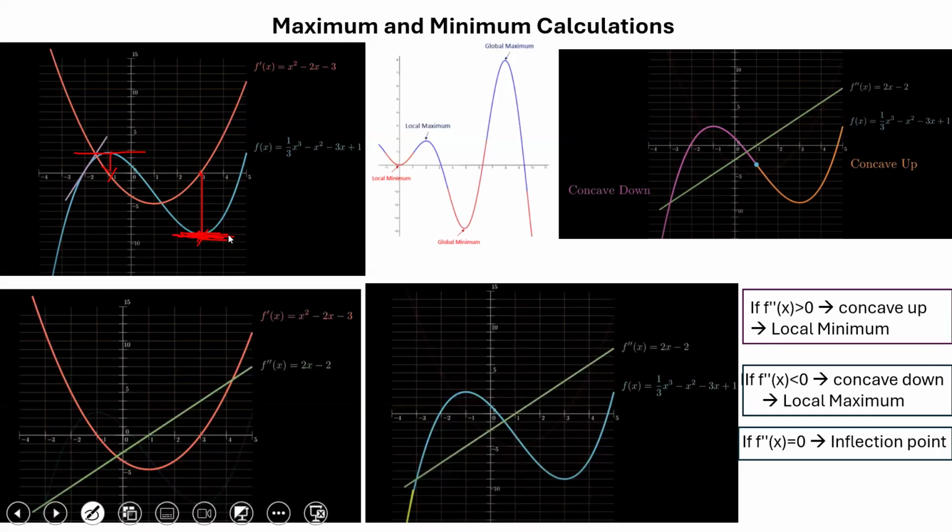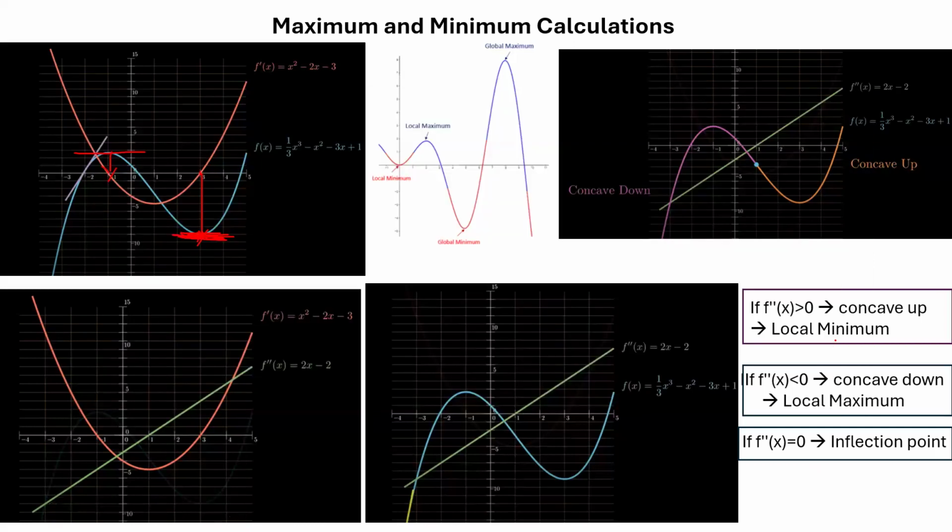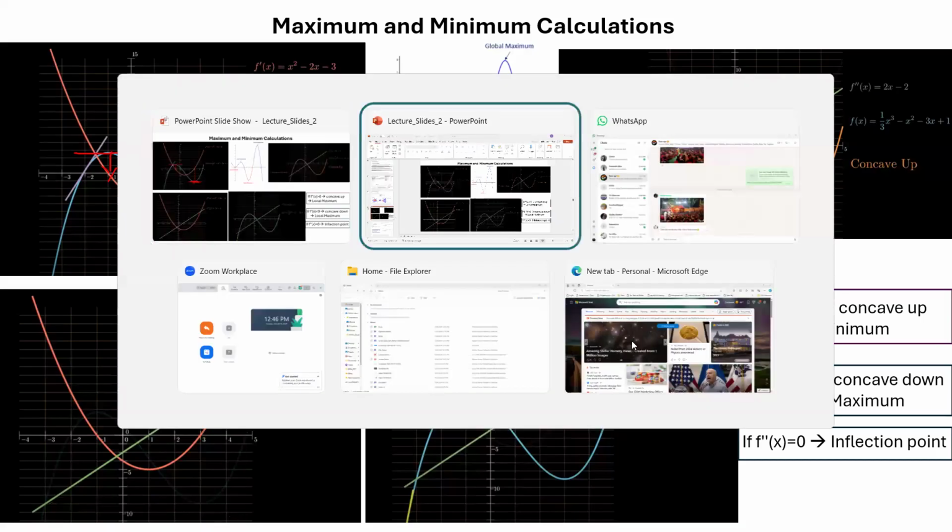And that tangent line, if it is a horizontal straight line, the slope of that straight line would be equal to 0.